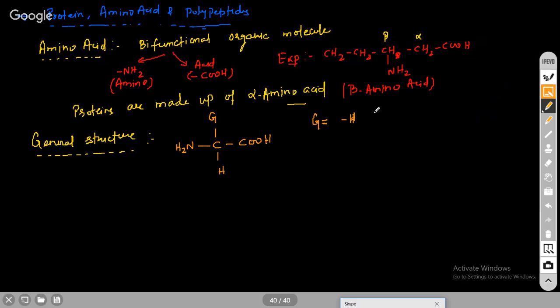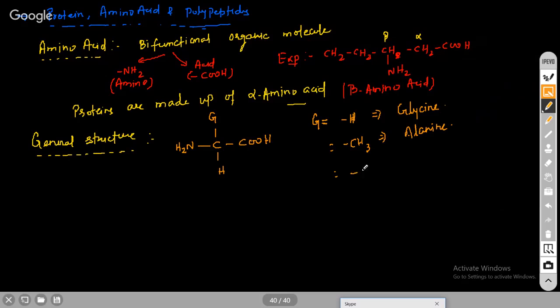Now the name of this compound, if this G you substitute as hydrogen, then the name of the compound will be what? It is glycine. It is given in NCERT also. You must go through. If G is CH3, the name is alanine. So these names you have to memorize. You never know what they'll ask.